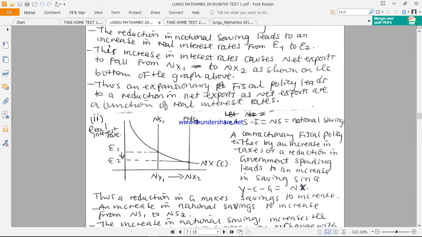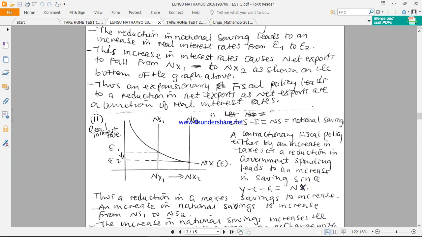National saving is public saving plus private saving. My concern here is, is it not supposed to be saving minus investment?